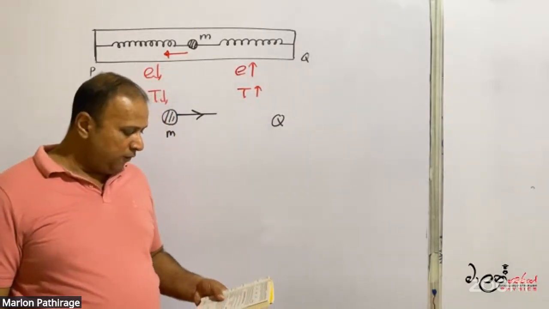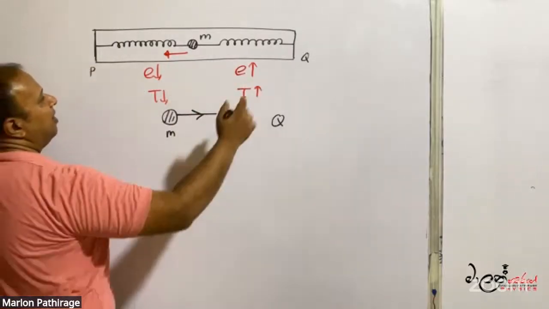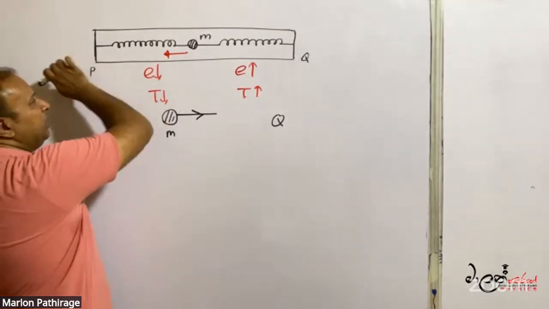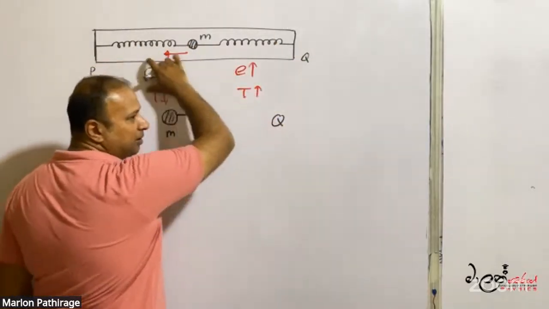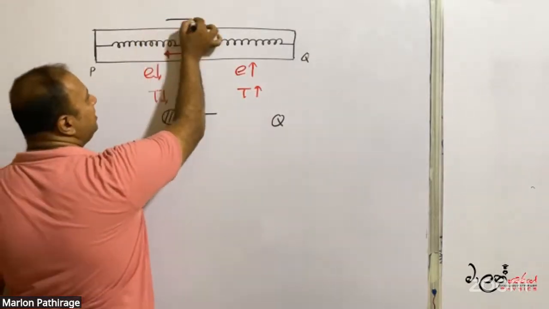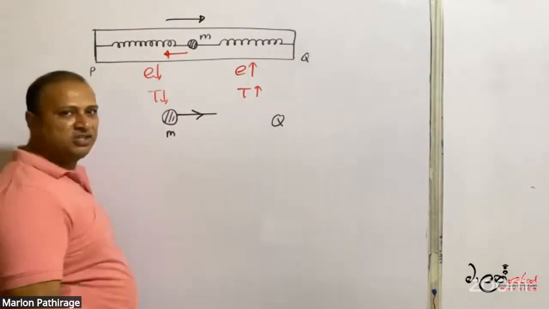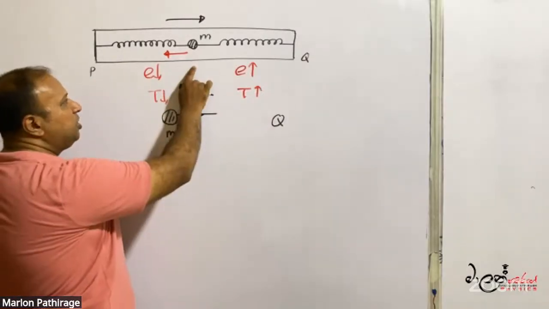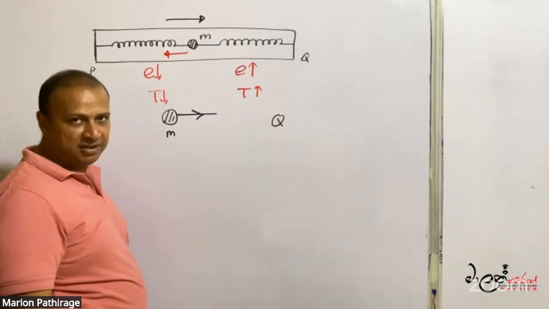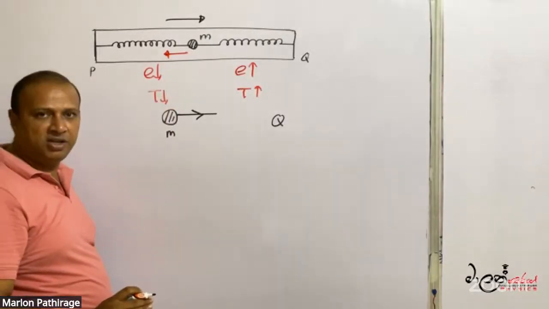First one: uniform acceleration of the tube in the direction of PQ. What will happen? If we move this tube in this direction with a uniform acceleration, definitely this object should have that acceleration.